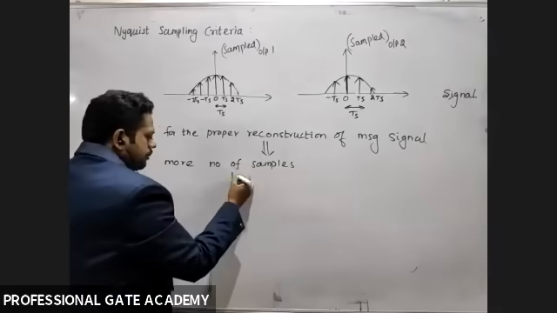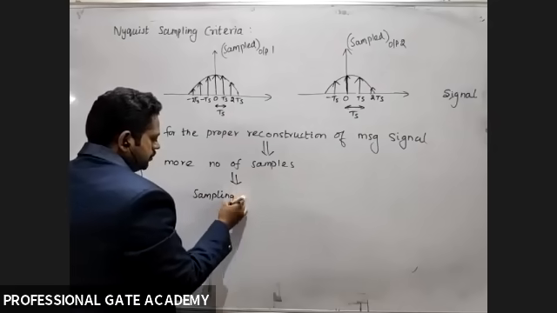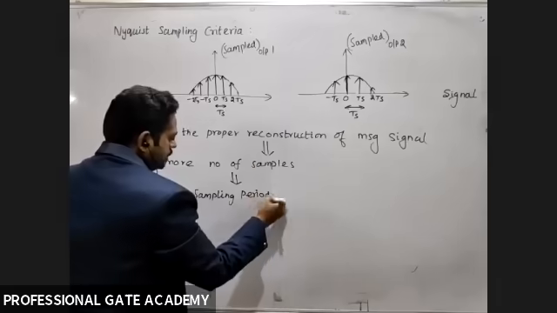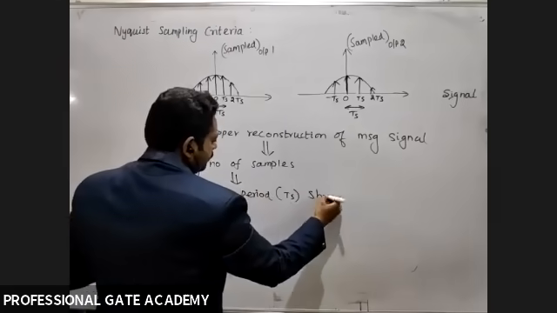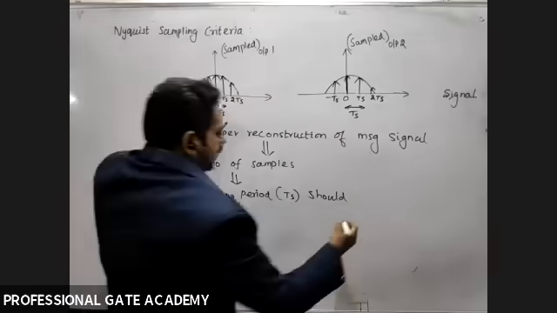So if we take more number of samples, the sampling period Ts should be very less or very high? Less. Yes, if we take more number of samples, the sampling period Ts should be less.